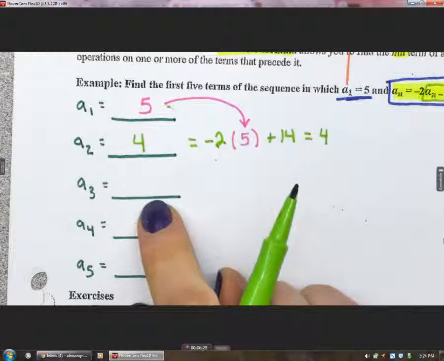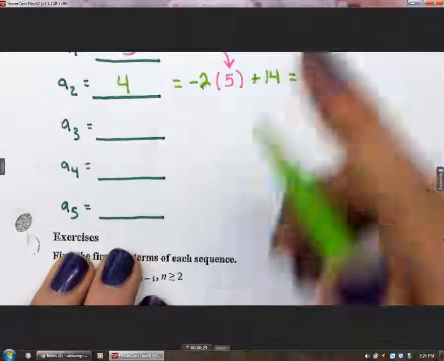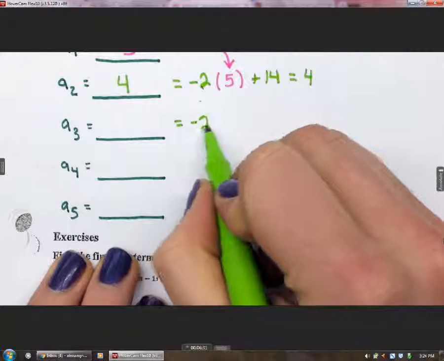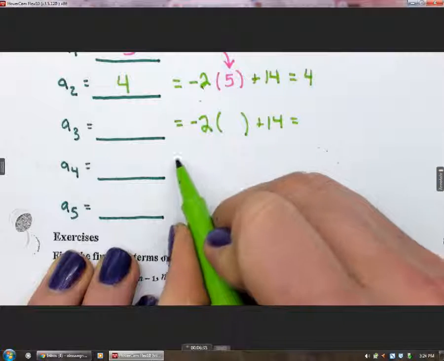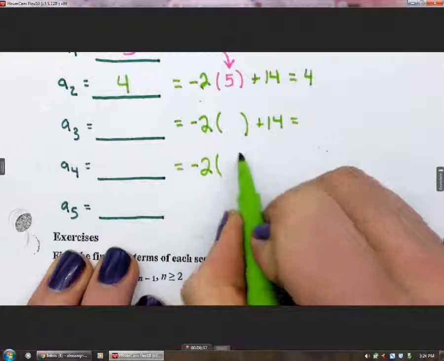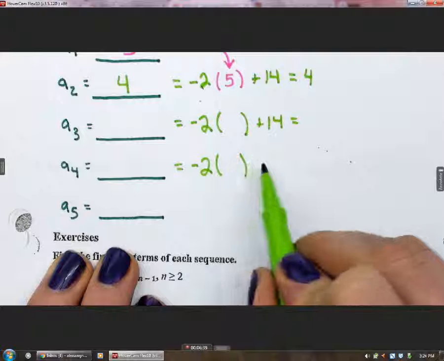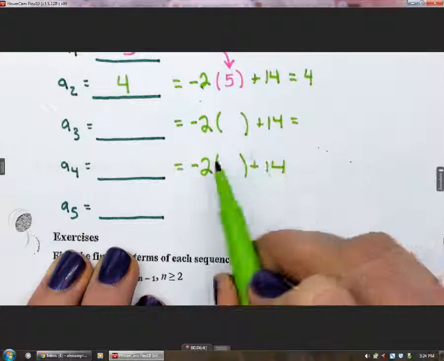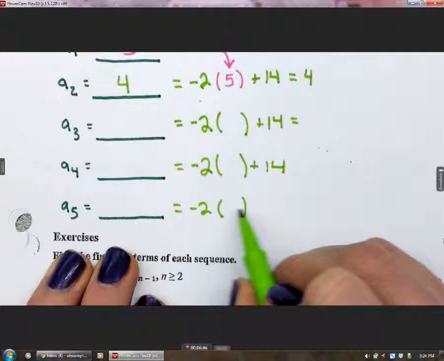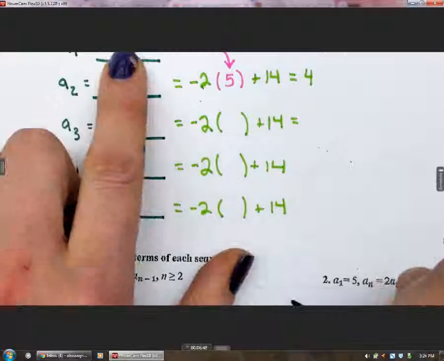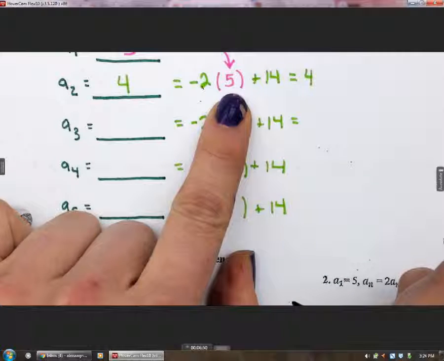Now I need to find the third stair. If you want to, you could just do this for all of them. It's negative 2 times your stair number plus 14 every time. Negative 2 times your stair number plus 14. I plugged in a 5 to this one.